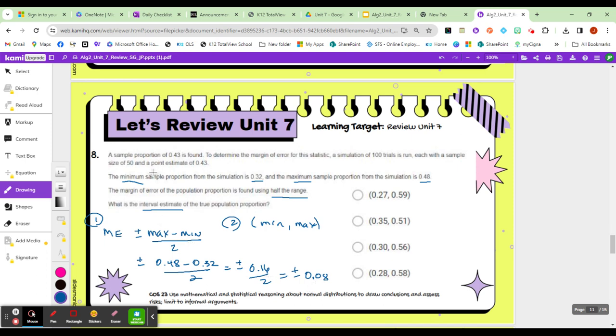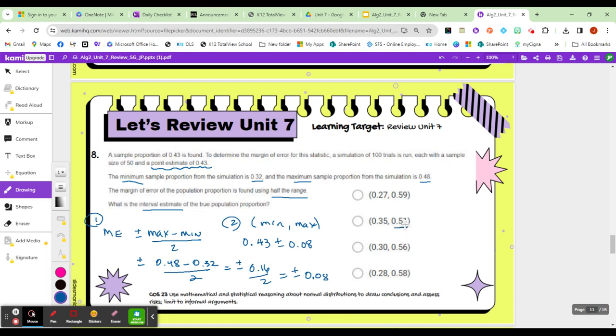So right here in the problem, it says the point estimate is 0.43. So in the second step, we're going to take 0.43 and we're going to add and subtract 0.08. So if we do 0.43 plus 0.08, that's going to give us our max of 0.51.